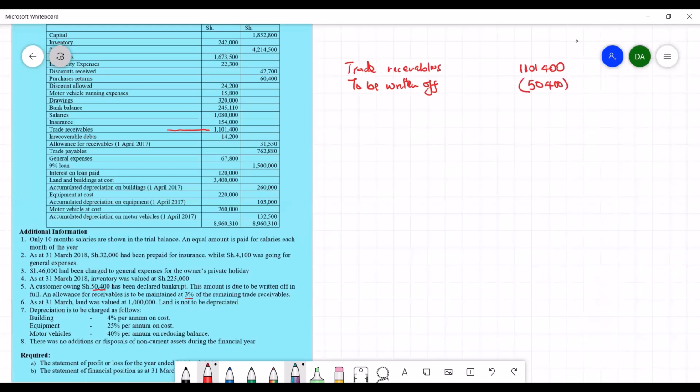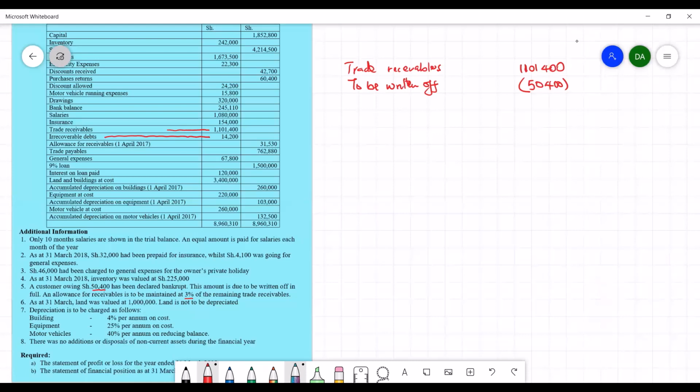Now, in this trial balance, there is another debt which is irrecoverable, but this one we don't subtract because it has already been deducted. Its account was made, and a credit entry was already made in the debtors account, so debtors have already been adjusted for it.